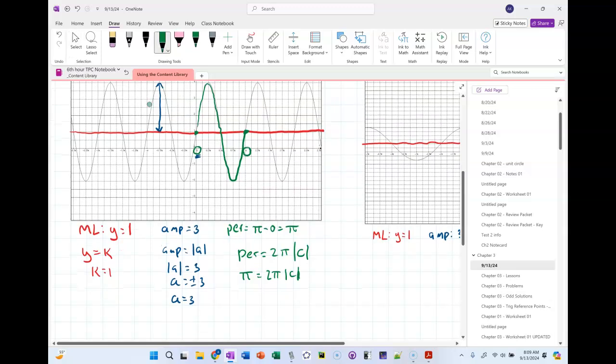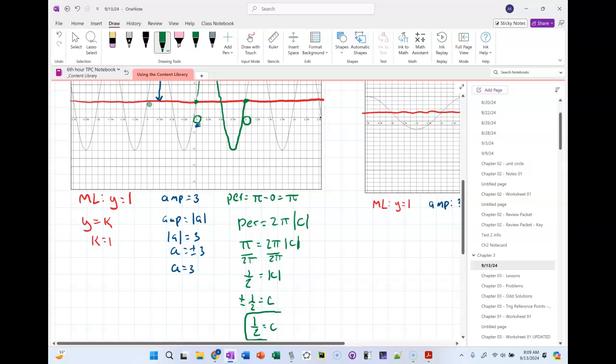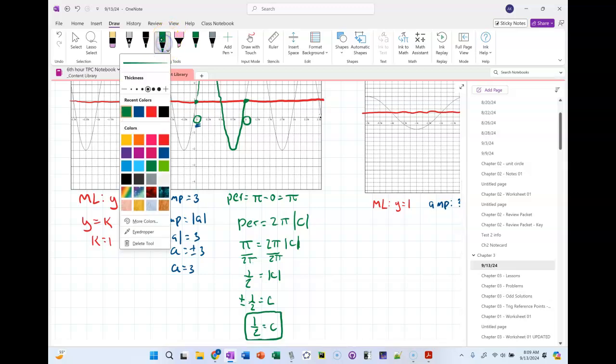To solve for c, we'll start by first dividing both sides by 2 pi. So the pi's cancel and I'm left with 1/2. And if the absolute value of c is 1/2, that means regular c could be positive 1/2 or negative 1/2. We will always, when we're doing this, choose c to be positive.